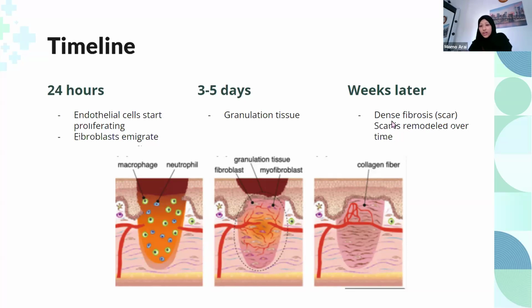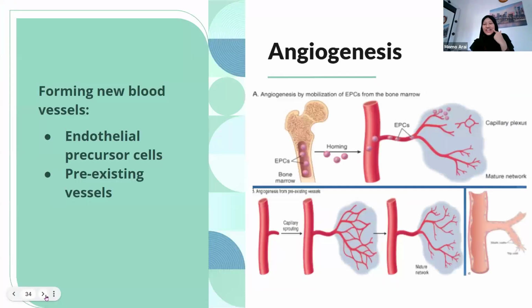So now you have remodeled scar and dense fibrosis. The scar is stronger with time. I used to think of it as 1 day, 1 week, 1 month to make it easier to memorize. But yeah, this is the timeline. Okay, all good? If you have any questions, just let me know. I'll touch back again because he has a slide.